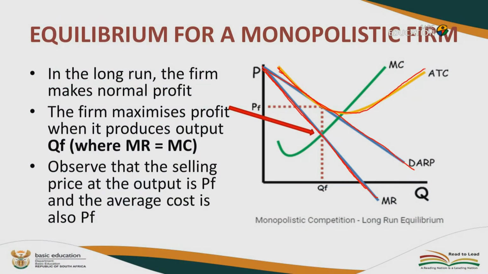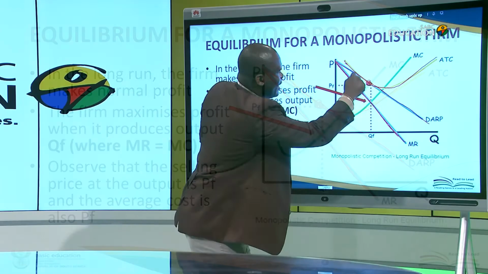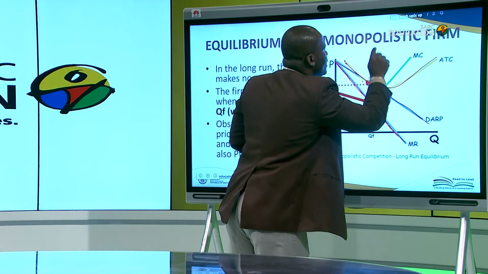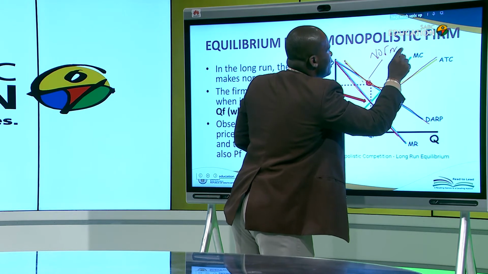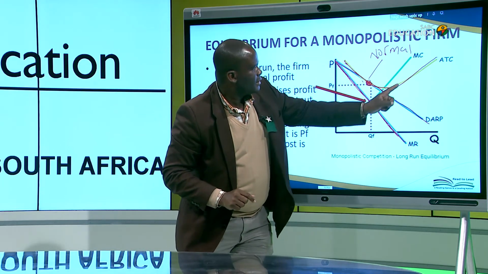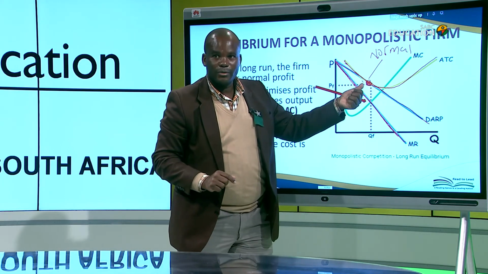It touches our AR at this point. So you can see that at this point, average revenue and average cost are equal here. So this is where our firm is now making what? Normal profit. Why? Because AR and AC are equal.